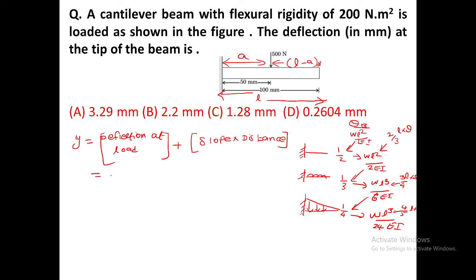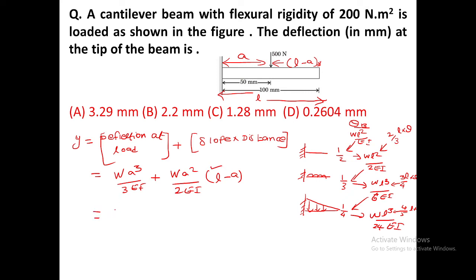So deflection at load is WA cubed by 3EI plus slope into distance, WA squared divided by 2EI into L minus A.